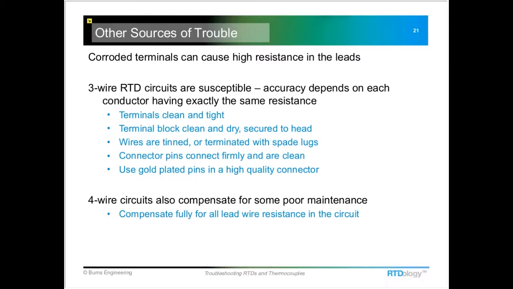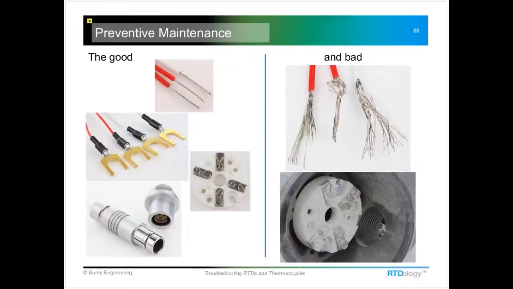A 4-wire circuit has the advantage of compensating for all that kind of stuff, and so it does make up for some poor maintenance. Here we just have a few examples. If you use a terminal block, it should be something that doesn't soak up moisture, because you can get that insulation resistance problem right at the terminal block. Leads should be tinned and in really good shape, or use spade lugs.